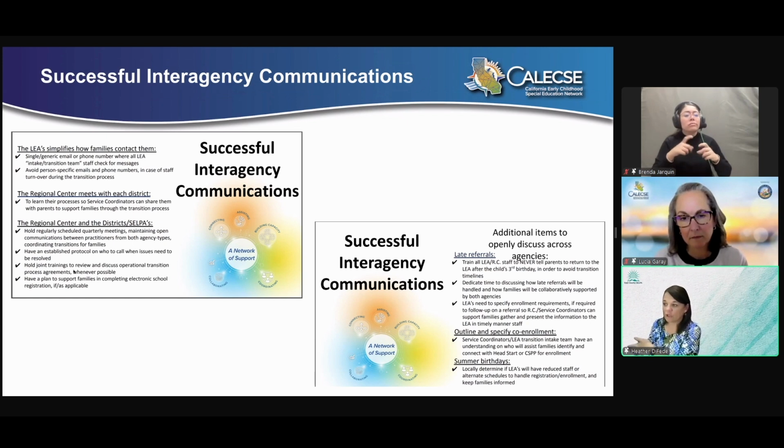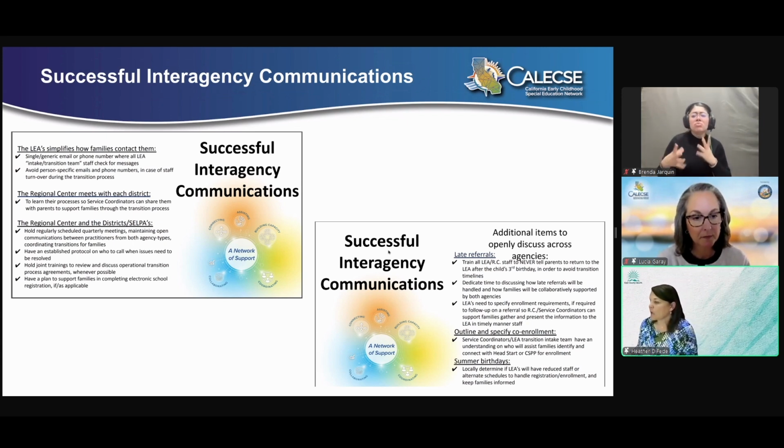We frequently have joint trainings by regional center on our transition referral system. So we have all of those pieces, and allowing that joint training. If there's a topic that's good for any Part C providers, how can you invite your regional center partners and or your LEA partners to be all on the same page?